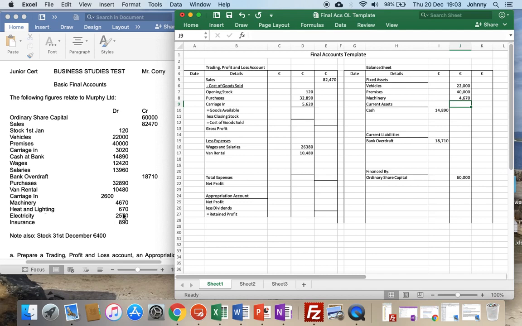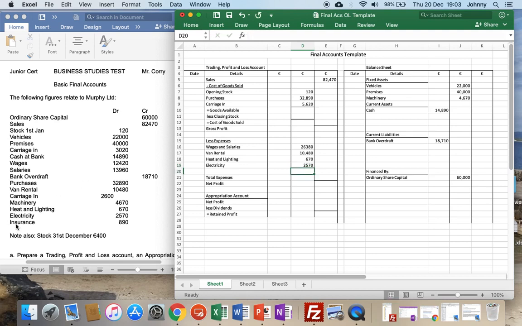Heating and lighting, so that's an expense. So that's a regular bill that we would pay, 670. And electricity, so that's an expense as well. So regular bill 2570.